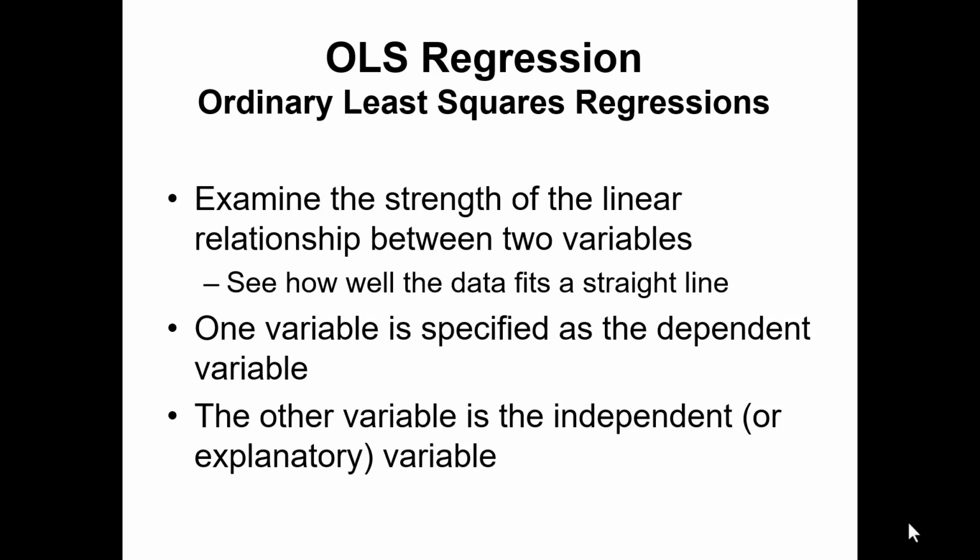T-test, ANOVA, chi-square are very useful, and we've seen them used in the articles that we have read, and they're a great way to look at relationships, especially bivariate relationships, to start to understand the data that you have.